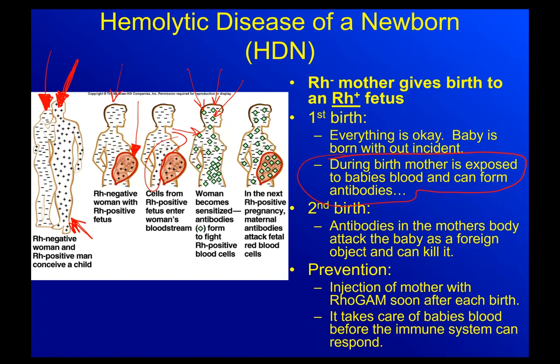Now, antibodies usually last for about 10 years. So if she gets pregnant a second time and that baby is again Rh positive, mom's antibodies are going to go and attack the baby. Okay? They see the baby as something foreign, so they go after it and they kill it.